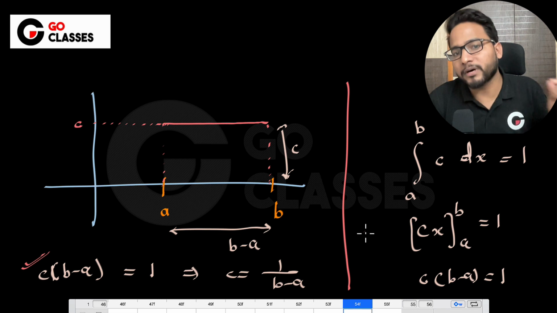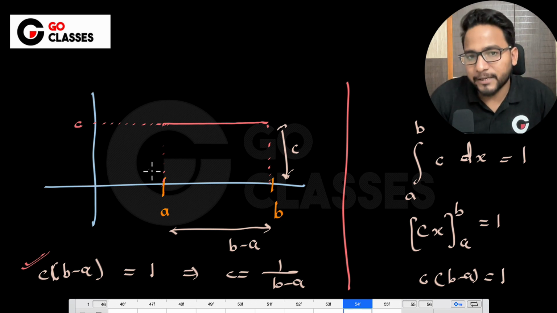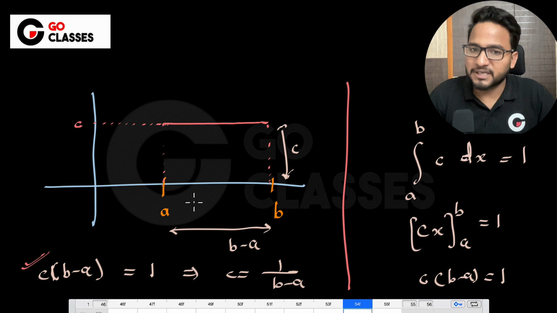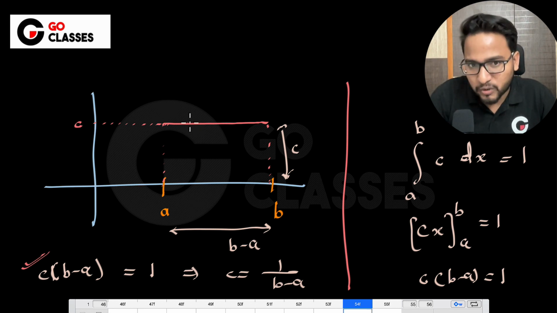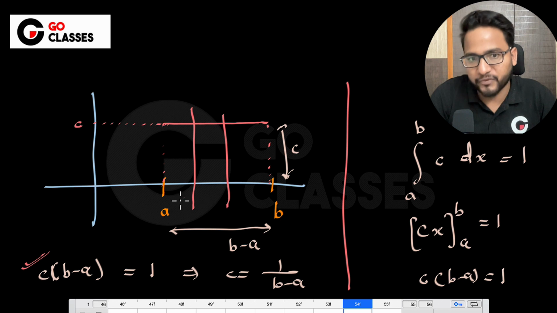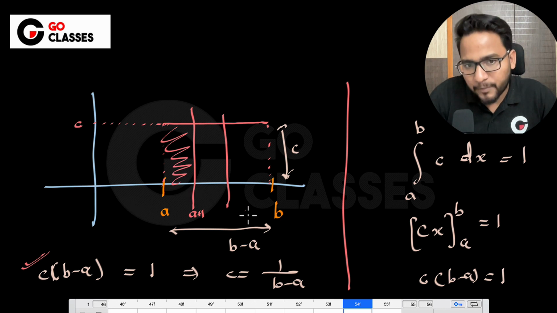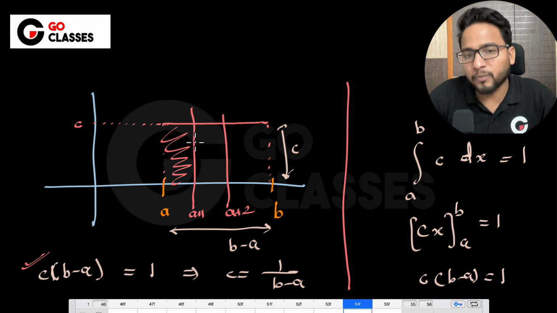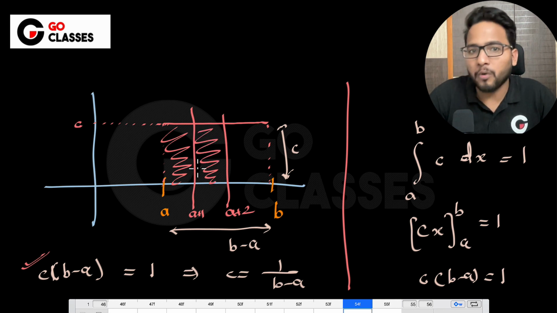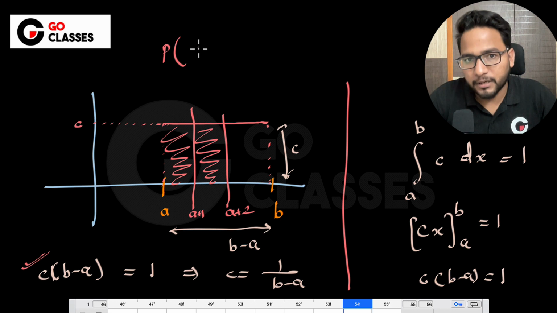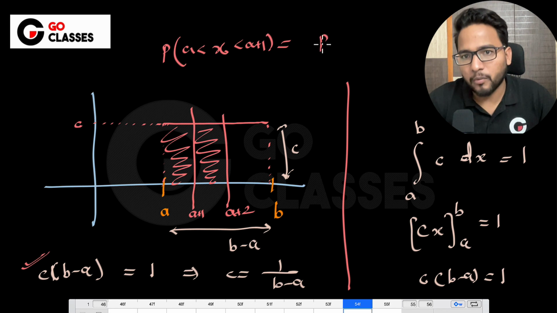Also, intuitively, you need to understand what this is. We say it is uniform in the sense that if you take any range of the same length, let's suppose from a to a plus 1, and then from a plus 1 to a plus 2, then the probability of x being between a and a plus 1 is the same as the probability of x being between a plus 1 and a plus 2.